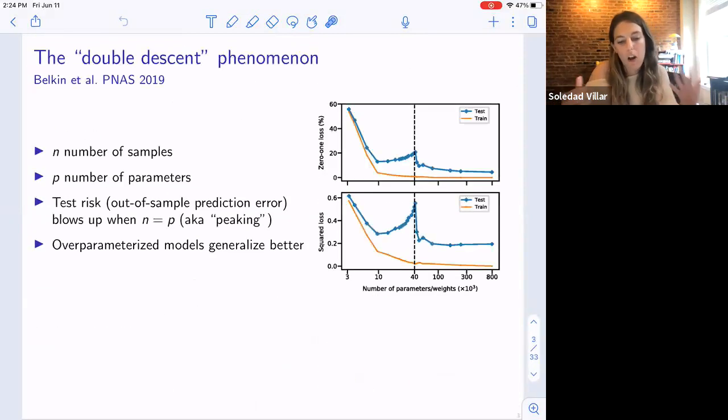So this talk is inspired by this famous paper from 2019 by Belkin and collaborators that identifies this double descent phenomenon. So the idea is the following.